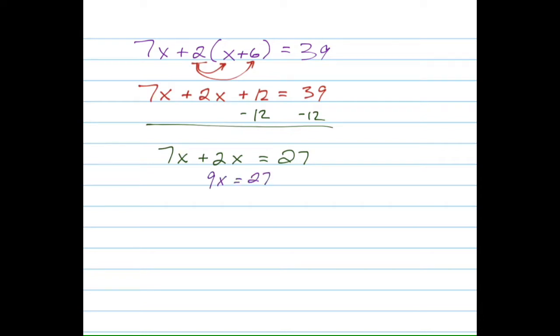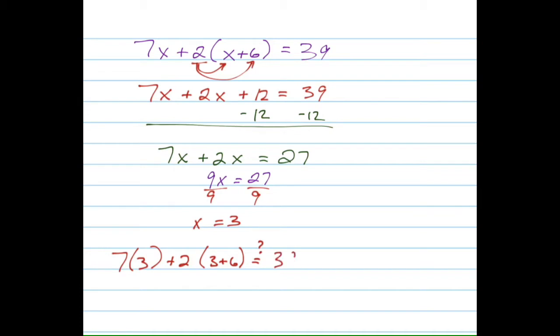So we divide by 9, and what do we think x would be? What's our last step? Check. Plug it back in. 7 times 3 plus 2 times 3 plus 6. Does that equal 39?